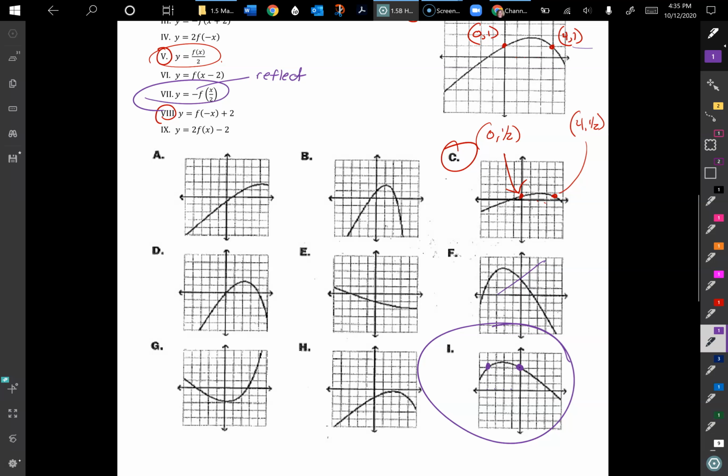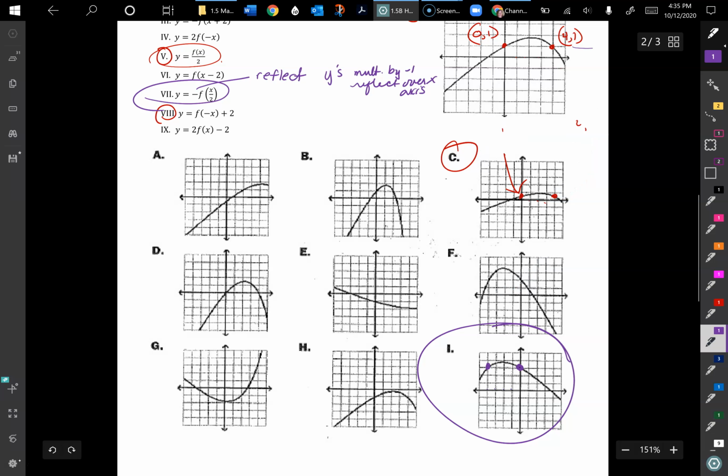So that means my y's are opposite sign, or multiplied by -1. So I have that reflect over the x-axis, when my y's go down. So that is one thing that has to happen.